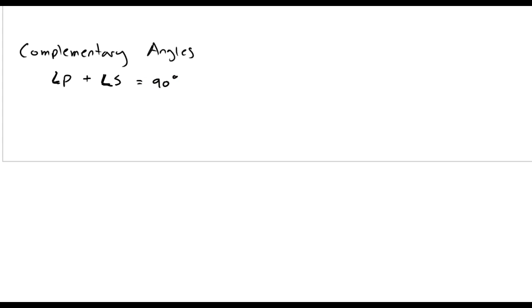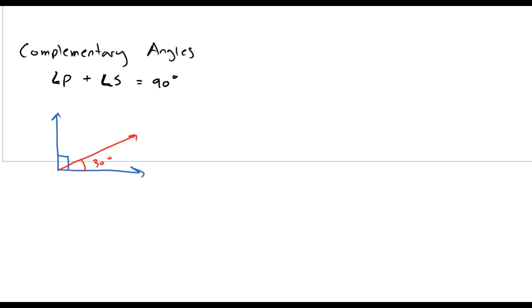So let me give you a visual example here. So if I had a right angle like this, okay, and I say that's 90 degrees, and then I went ahead and sort of cut that into two pieces, and I said that this angle here was 30 degrees.